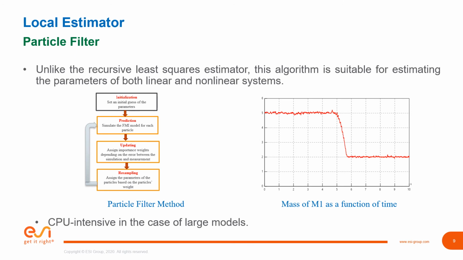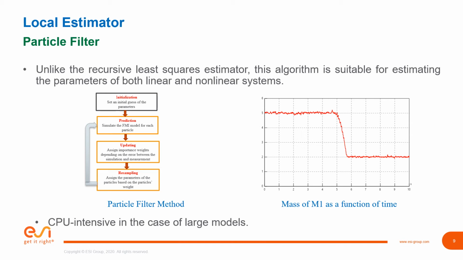The third one is the particle filter method. The particle filter uses 4 stages to tune the parameters, and this method can be used for linear systems and non-linear systems.